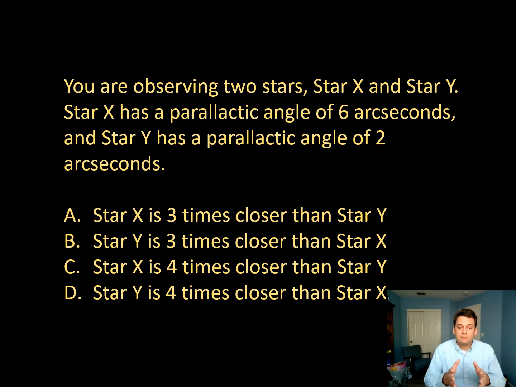In this case, star X has 3 times greater parallactic angle, which means it is 1/3 the distance of star Y. Because remember, larger parallactic angles mean closer stars, and smaller parallactic angles mean farther away stars. So since 6 is 3 times larger than 2, that means that star Y is 3 times farther away, or star X is 3 times closer. So the answer is A.